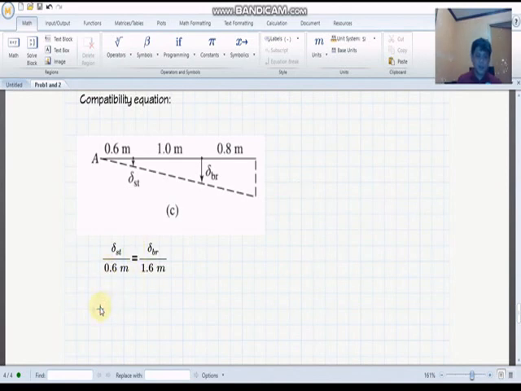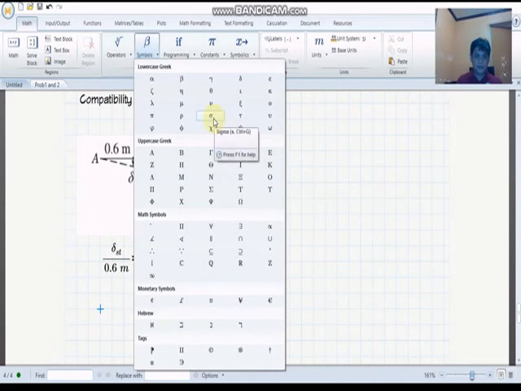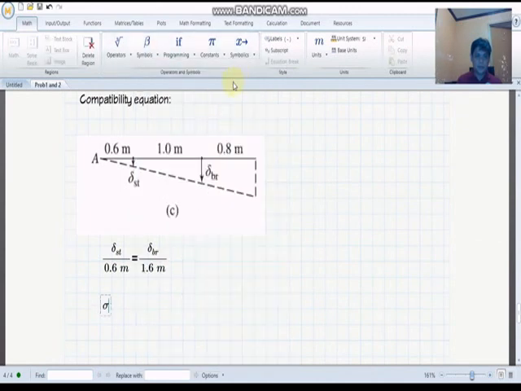And let us express this one in terms of the stress. So we have the stress in the steel times area of steel. And by the way, we need also to define the length. We did not define the length.